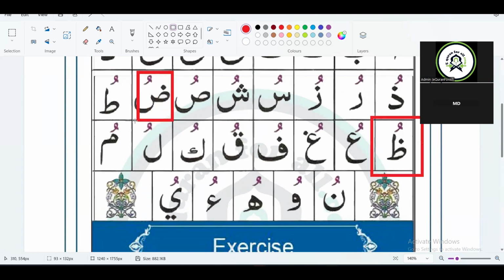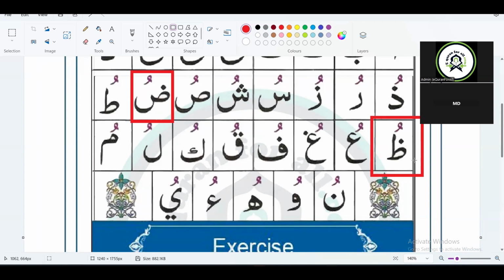Yes, here you said zoo, but that is do. This one is dod with the sound, and this one is zo. So that's z. Do. Yes, it's dod, and then this one is zo, zoo.